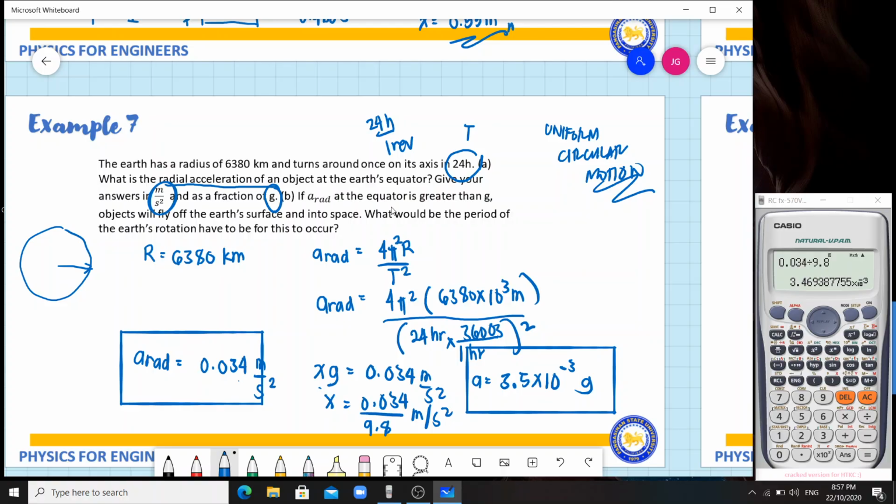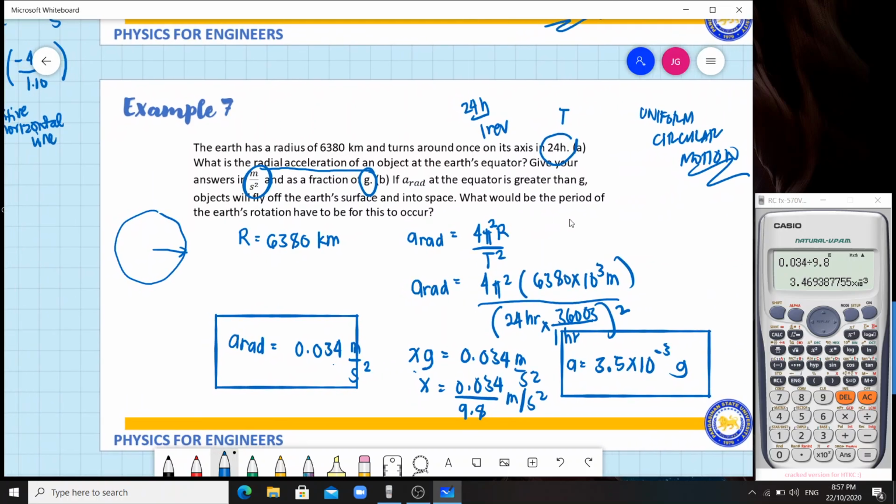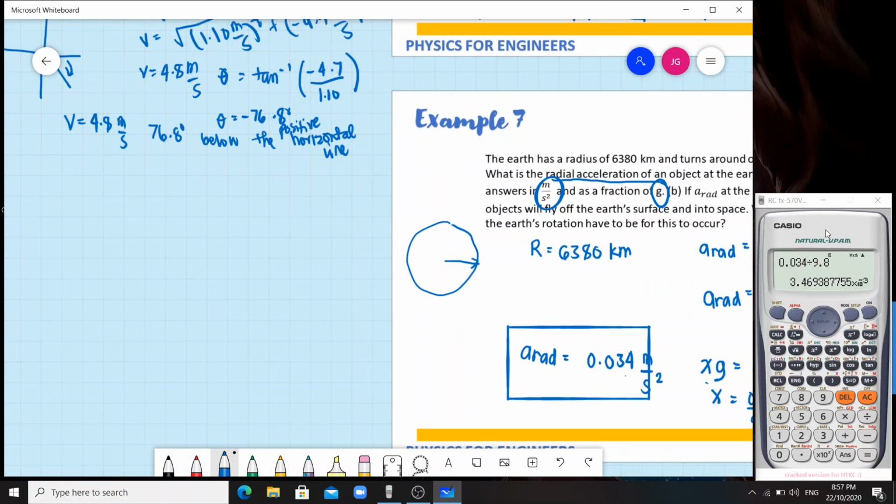Letter B. If A rad at the equator is greater than g, objects will fly off the Earth's surface and into space. What would the period of the Earth's rotation have to be for this to occur? So, he says that if the acceleration is g or greater than g, everything will fly off, okay?